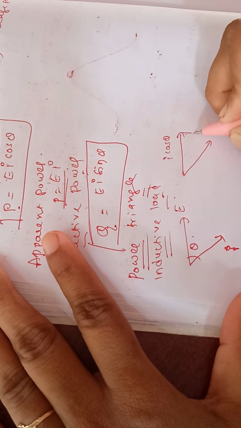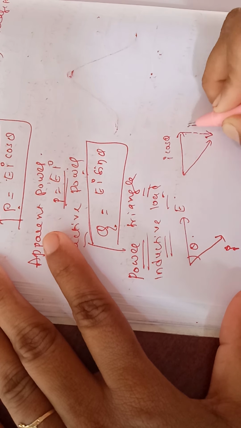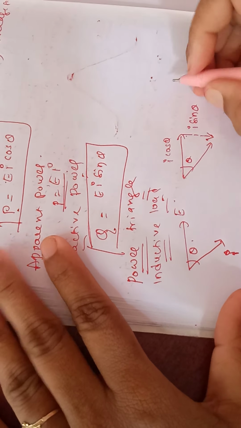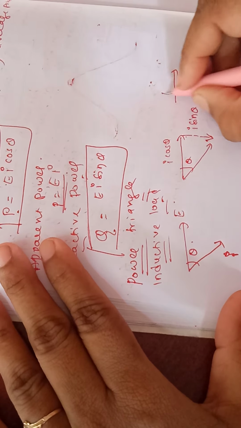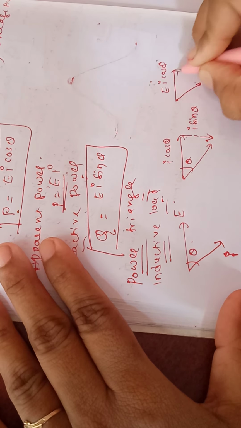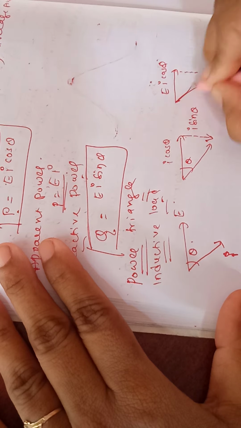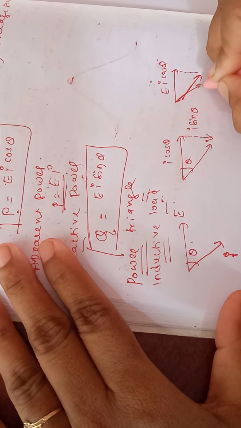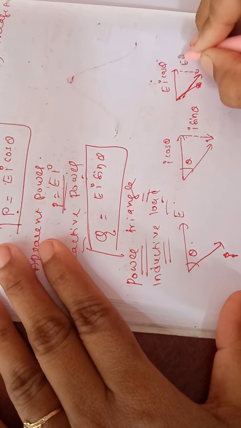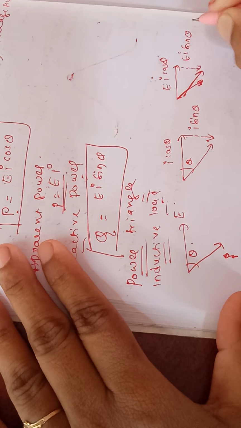The other is perpendicular to E, that is I sin theta. Now let us multiply this with E, the voltage. We will get EI cos theta and EI sin theta.